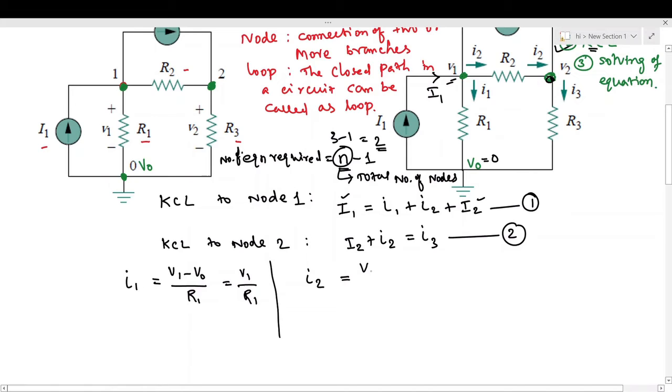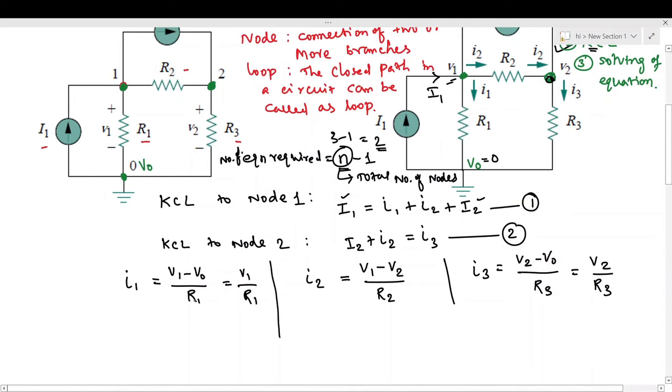We are assuming that V1 is higher potential than V2, so V1 minus V2 divided by R2. Next, I3 we need to find. I3 is the amount of current flowing through R3, and the node voltages are V2 and V0. So the potential difference will be V2 minus V0 divided by R3, and we know that V0 is equal to 0, so the remaining value will be V2 by R3.